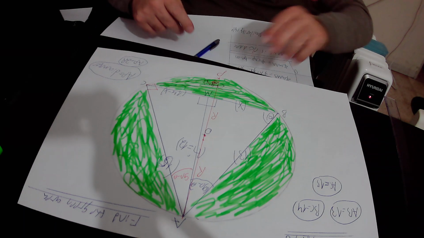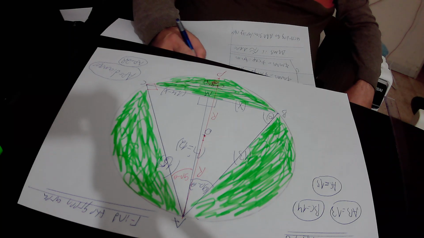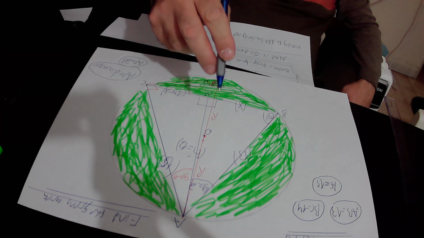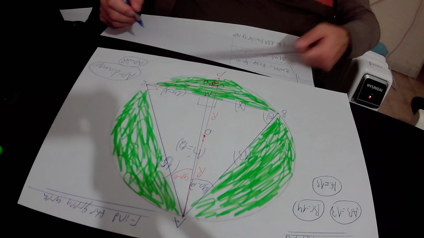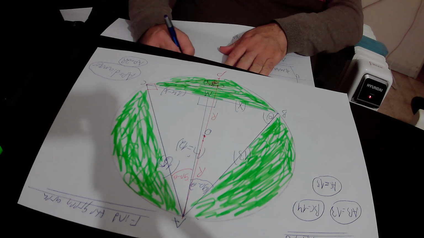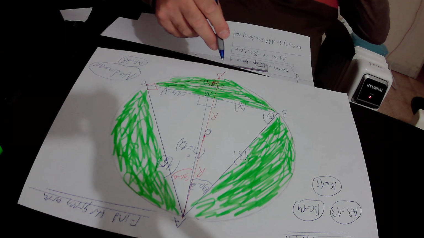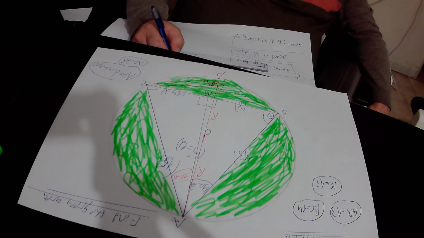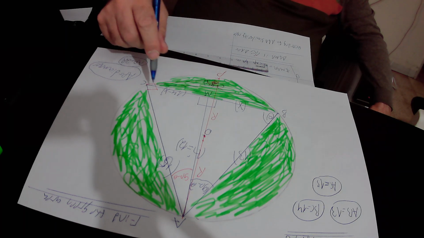We conclude that AB in triangle AMB over AP in triangle APC is equal to AM in triangle ABM over AC in triangle APC.